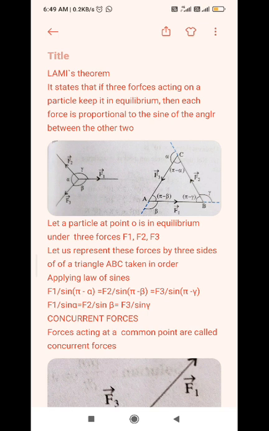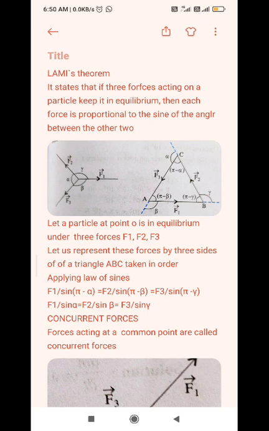For F2, the angle between the other two is beta, and for F3, the angle between F1 and F2 is gamma. So it states that F1 by sine alpha is equal to F2 by sine beta is equal to F3 by sine gamma.